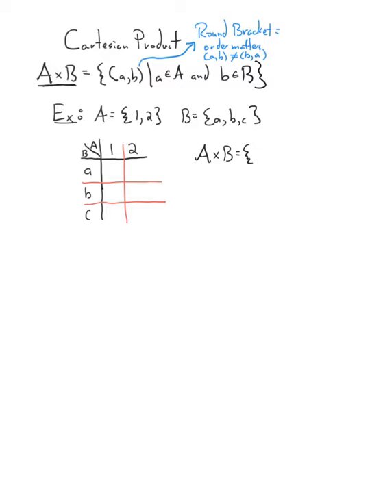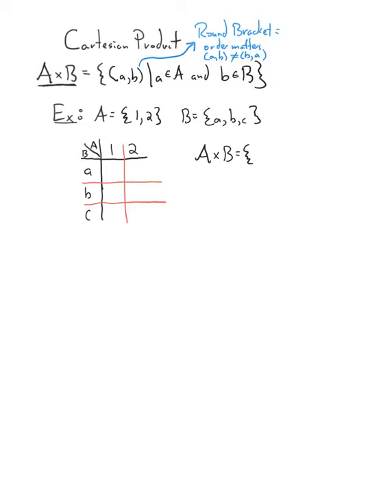What we're doing is we're going to take every element of the first set and combine it with every element of the second set and get every possible combination of an element from your first set and an element from your second set. And a way to think about this, again, you can draw a little diagram like this with one set going horizontally, the other set going vertically, and just write down all possible ordered pairs.